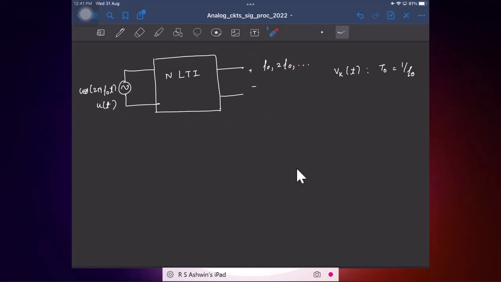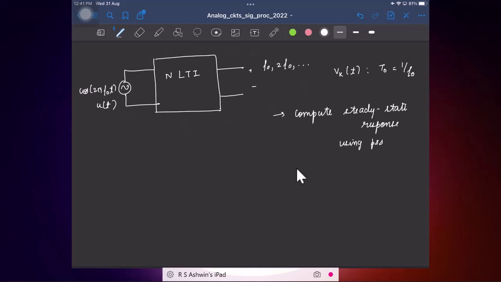So you could actually use PSS to directly compute the steady state. Okay, because PSS doesn't care about anything, right? It just says you give me a circuit, and if in the circuit the node voltages are varying periodically with time, I'll directly tell you how it varies for one time period, right? So you can directly compute steady state response using PSS.